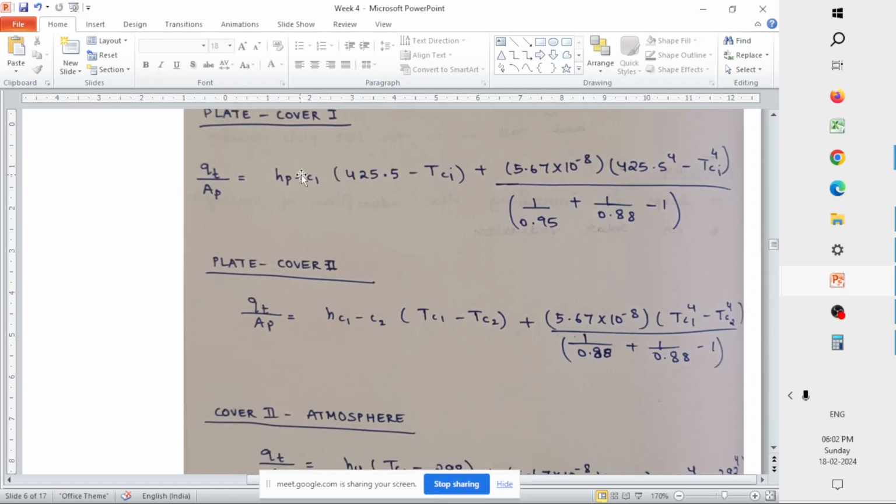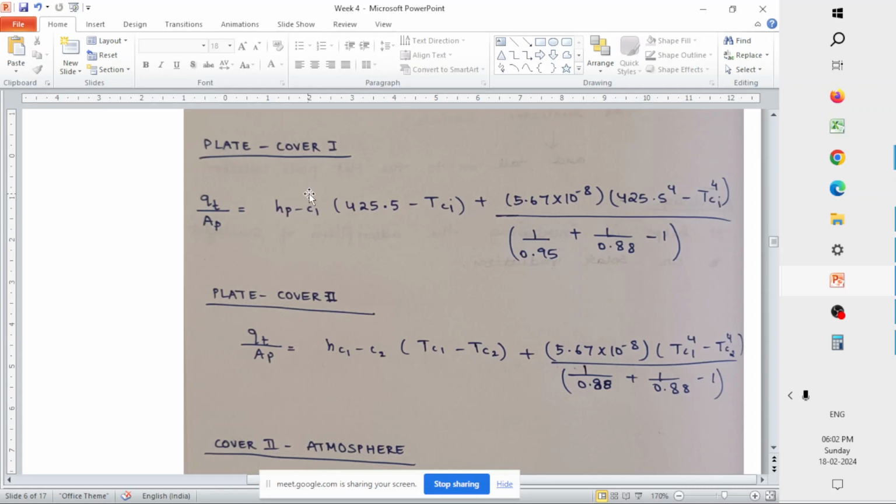The heat transfer coefficient here, as I said previously also, the total number of covers that we have is 2. So you have your absorber plate, then cover 2, cover 1, and then comes your atmosphere, that is after cover 1 is your atmosphere.